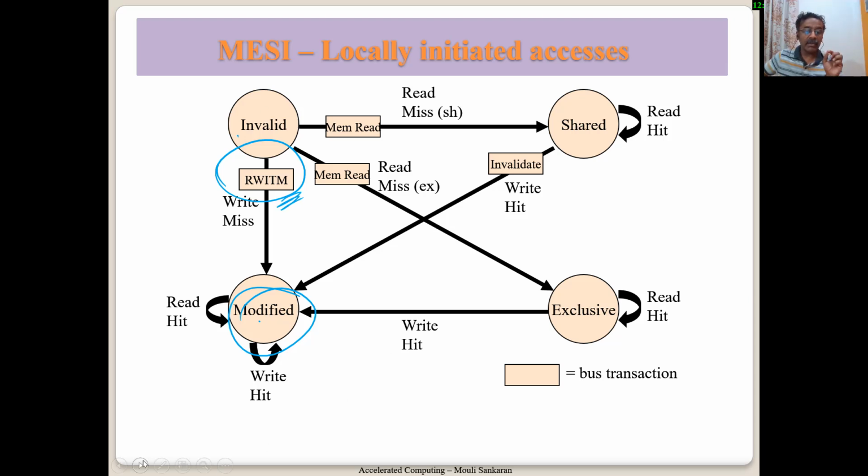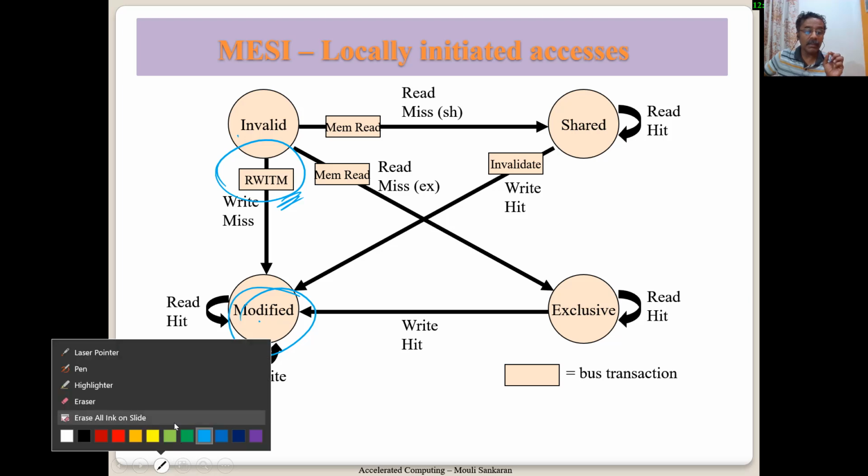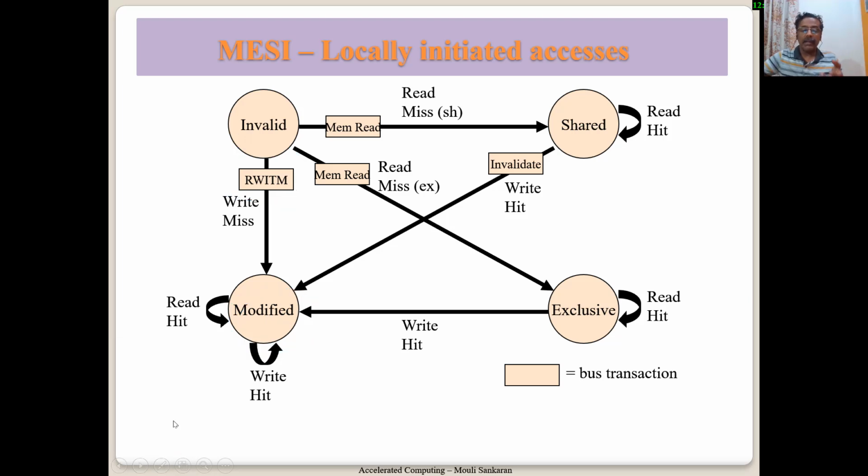What I am showing here is the transition based on the local CPU asking for a read or a write. You can see the read hit, write hit, and a write miss, only one place where a write miss is possible, and then read hit and read miss.